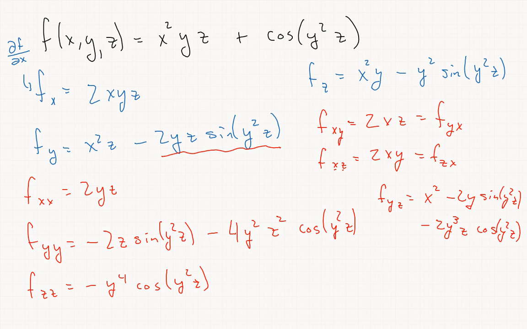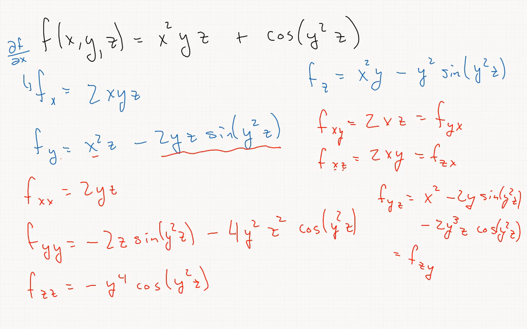And if we did with respect to y first and then took with respect to z, we can see that, yeah, we get an x squared here, and we'd again be getting the same thing.